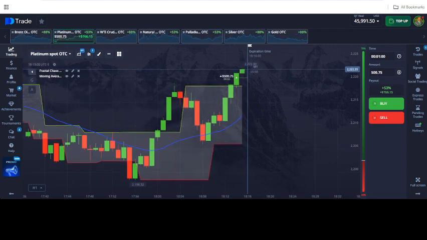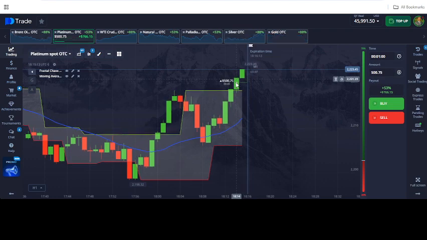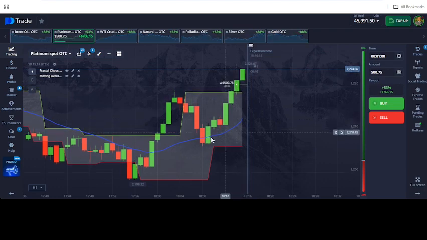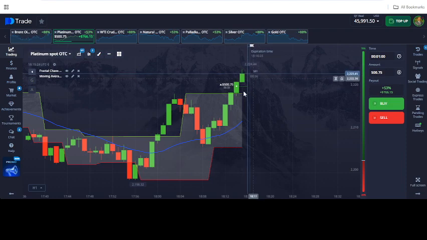Okay, so I'm on Platinum Spot, and I just took a buy trade here. And the reason why I took the buy trade is, first of all, we have the 20 SMA sloping upwards, candles printing above the 20 SMA here, suggesting a bullish momentum in the price of platinum.